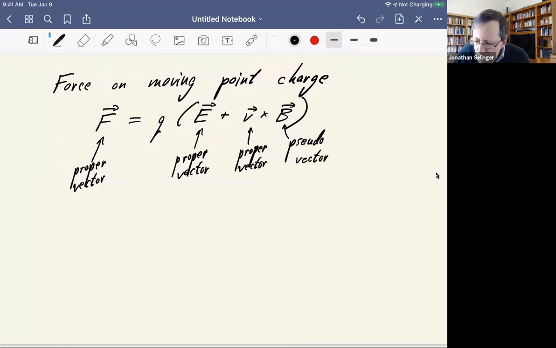Okay. Now, when we look at this combination, a proper vector cross a pseudo vector. There is one power of epsilon, one power of pseudoness, right? That is for this B. There's another power that is this cross product out in front. So this combination v cross B is a proper vector.